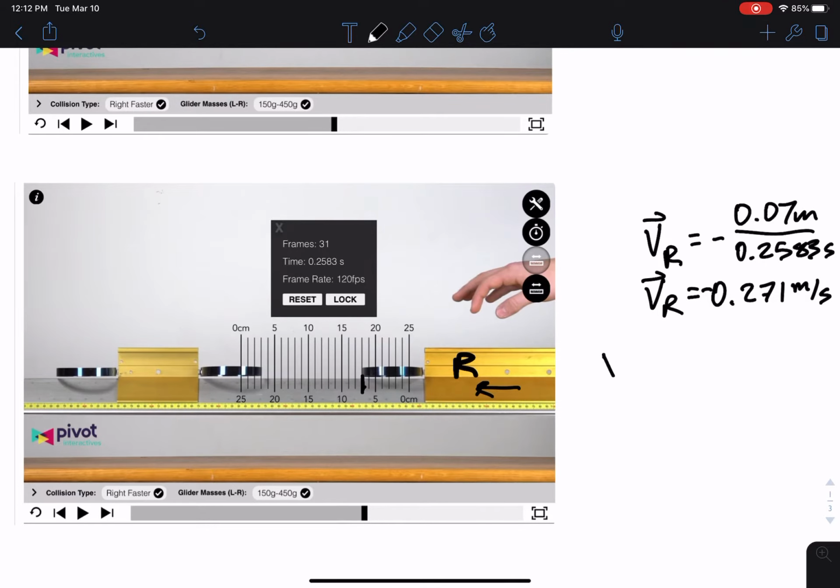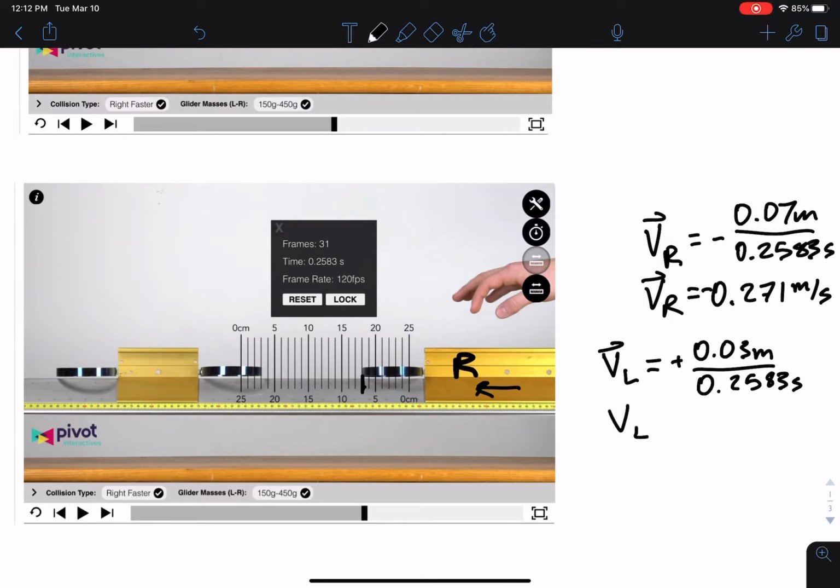Now, the velocity of my left cart, which is going right, so that is a positive velocity, has only gone 1, 2, 3 centimeters, 0.03 meters, in the same amount of time.